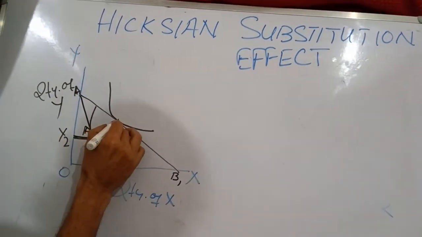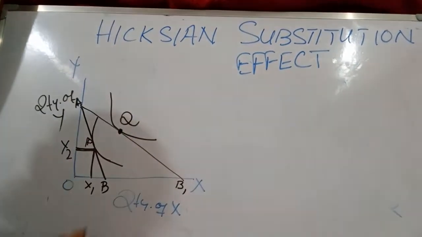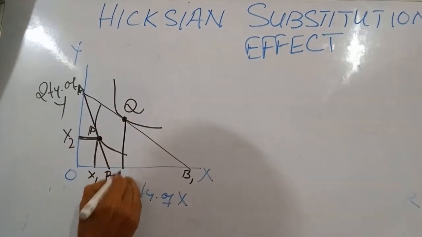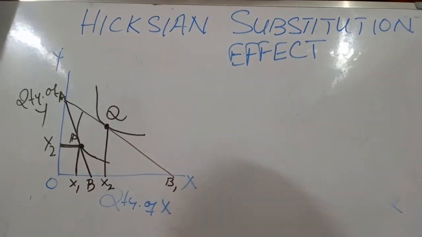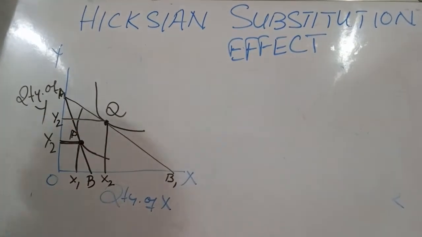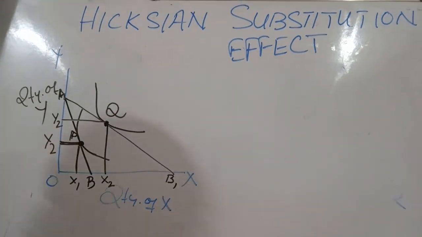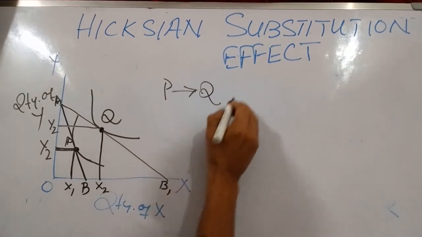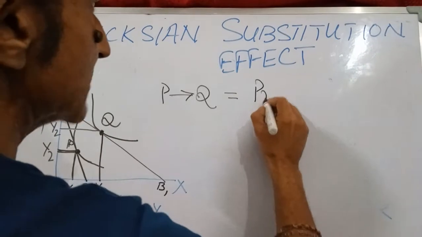So he will move to here. Say this is point Q. So he consumes OX2 of X and OY2 of Y. Okay. Movement from P to Q is price effect.